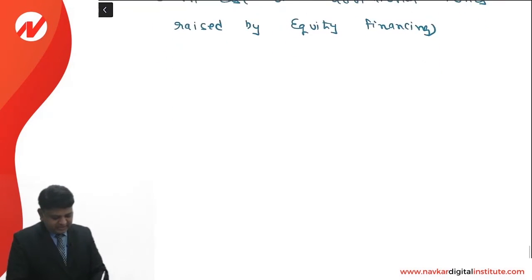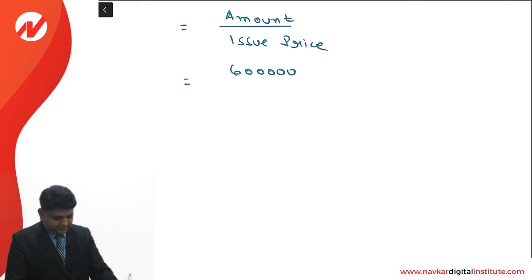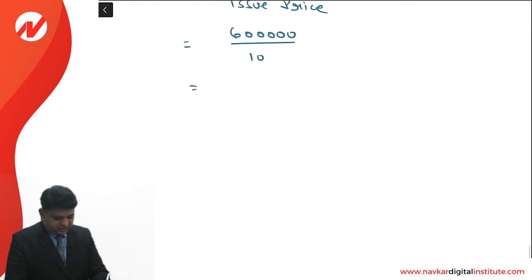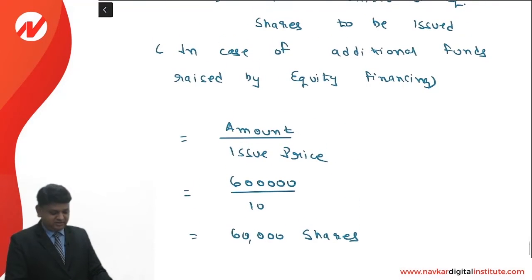It will be calculated as amount divided by issue price. We require an amount of 6 lakhs and the issue price is rupees 10. So it amounts to 60,000 shares. That is the way the number of equity shares can be calculated.